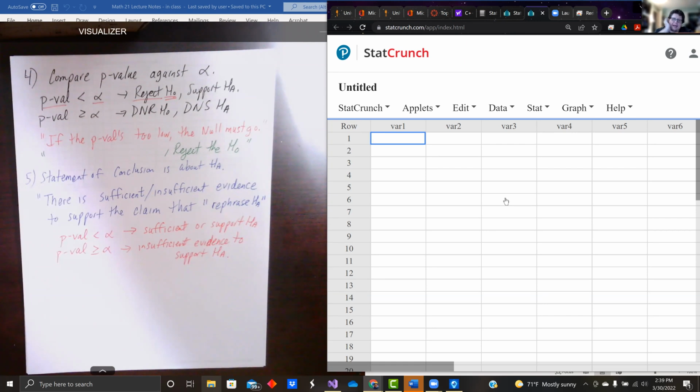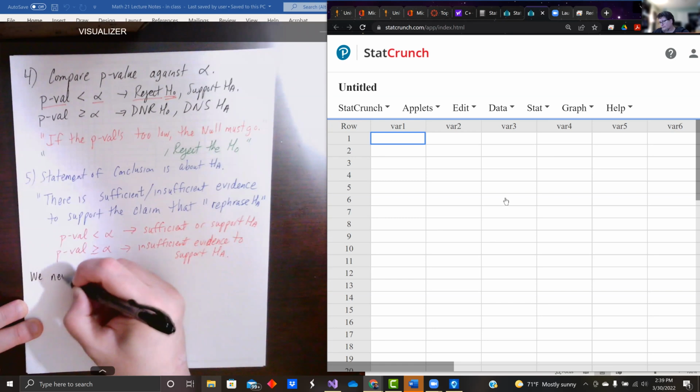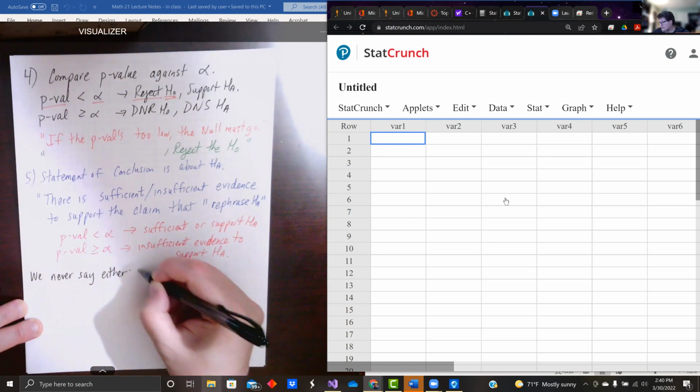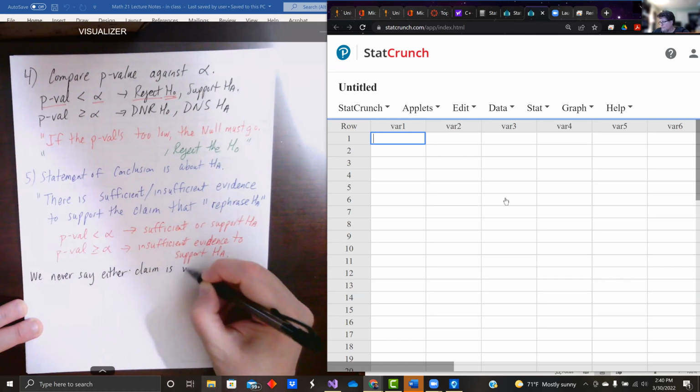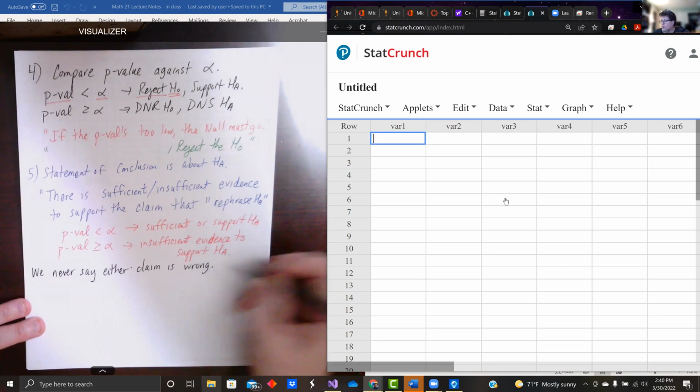What we're really saying, we never say either claim is wrong, because we rarely know with 100% accuracy what's the case.